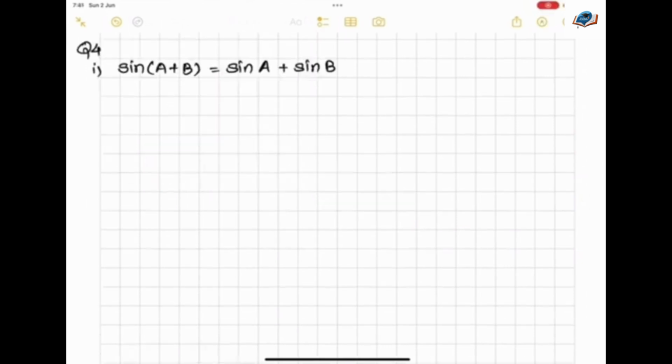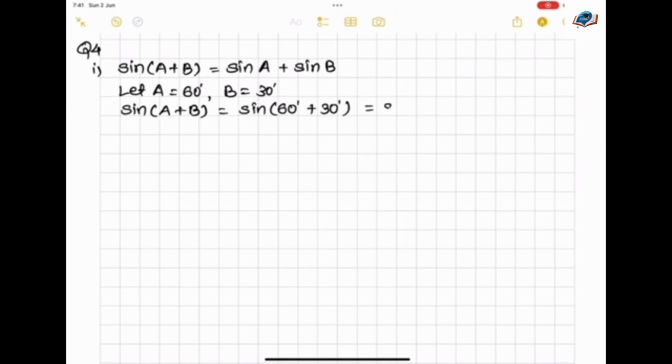Now fourth question says sin A plus B equal to sin A plus sin B. And we have to say whether it is true or false. Let A equal to 60 degree, B equal to 30 degree. I am taking any two values and trying to solve it. So sin A plus B will be equal to sin 60 degree plus 30 degree. So that will be 90 degree. So sin 90 degree will be equal to 1.